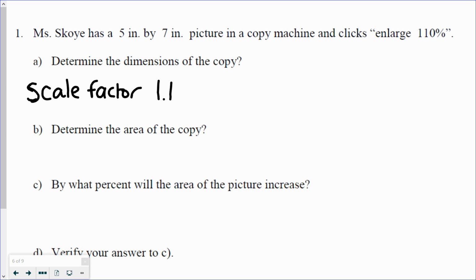That's a little bit confusing, but enlarge 110%. Again, if we said copy at 100%, that's an exact copy. 110% is enlarging it by 10%. So that gives us our scale factor of K equals 1.1.